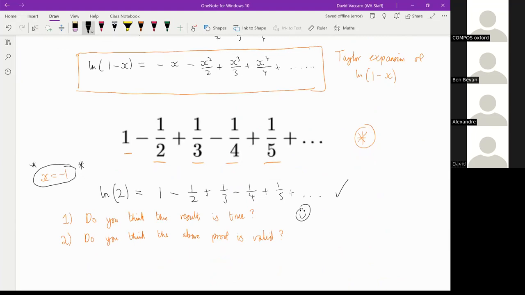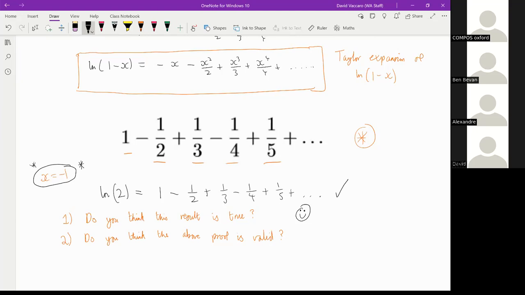What's the moral there is that with Taylor expansions, with these infinite series, and this is actually true historically, you often get the right results if you are a little bit fearless and assume that things work.